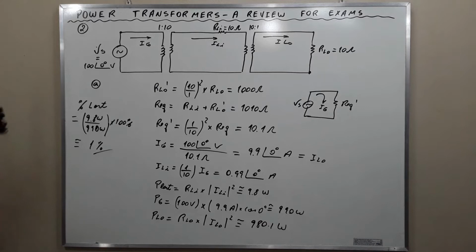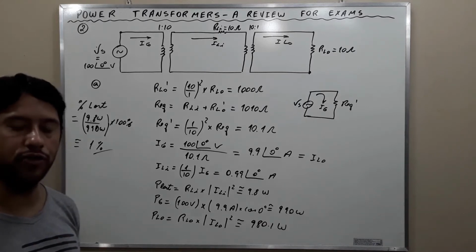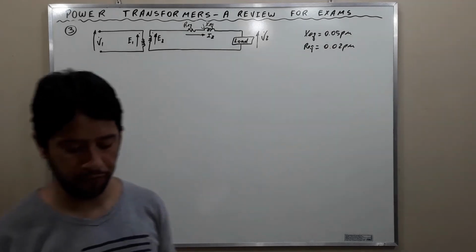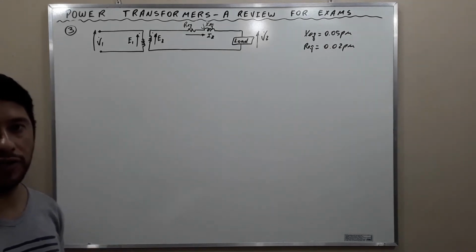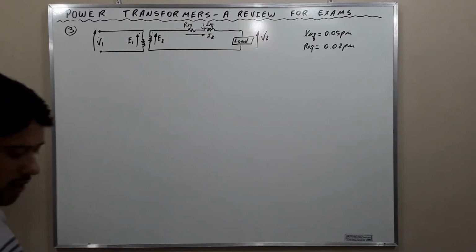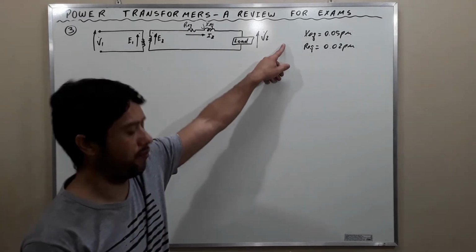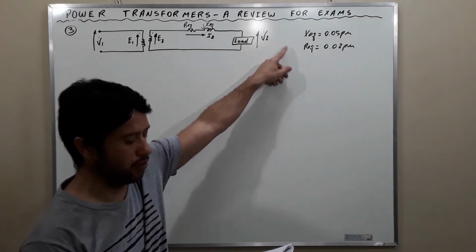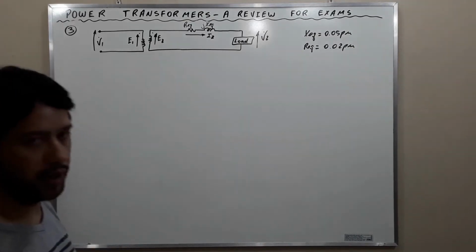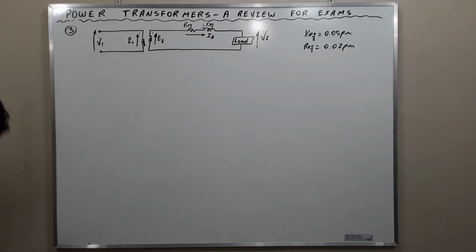Okay, now let's work with real transformers. Exercise number 3: a 6,600/440 volts, 50 Hertz, single phase transformer has an equivalent reactance of 0.05 per unit and an equivalent resistance of 0.02 per unit.